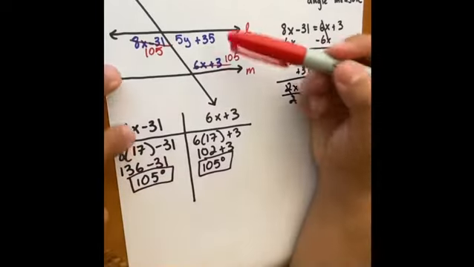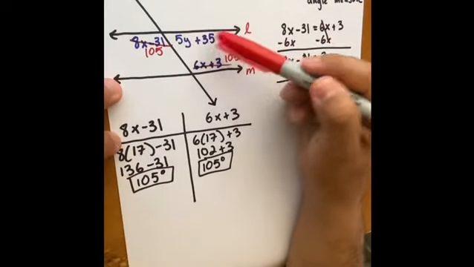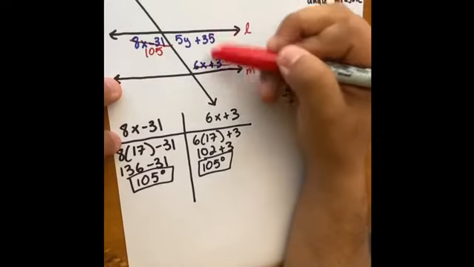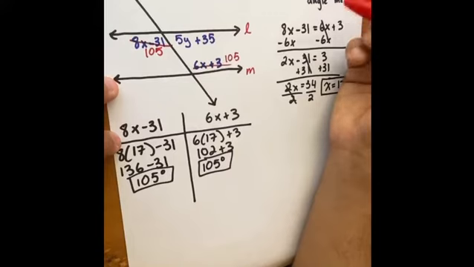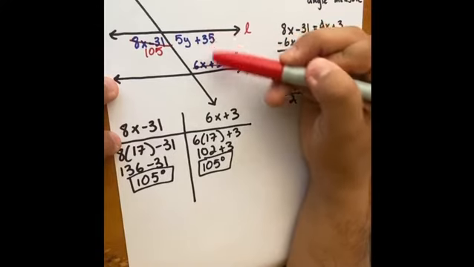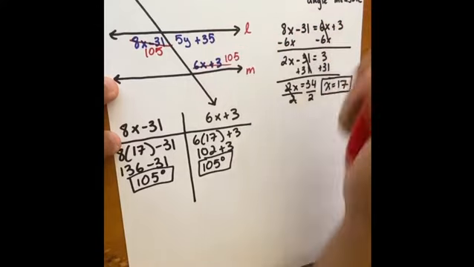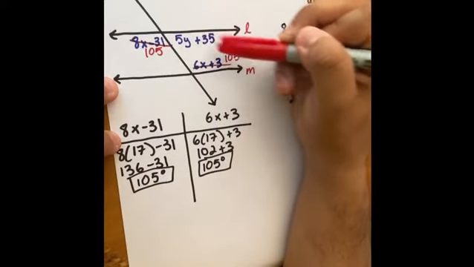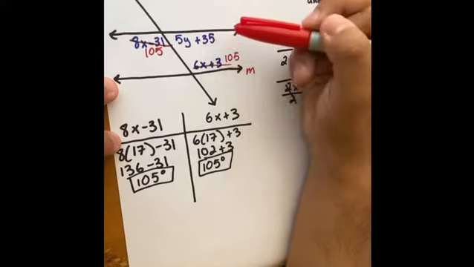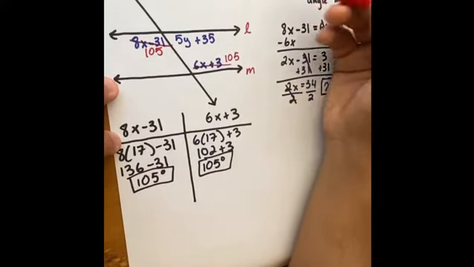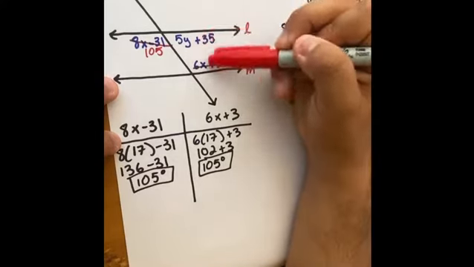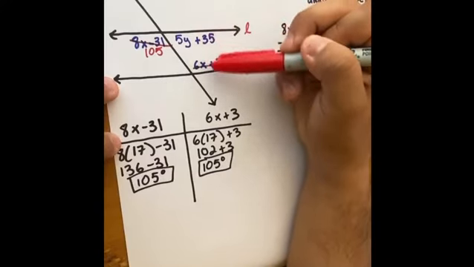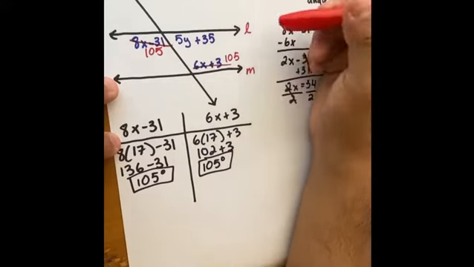Let's go back to this 5y plus 35 and 105 degrees. We said before that these two angles are consecutive interior. So since they are consecutive interior, that means that we're going to add both of these expressions and set them equal to 180. Recall from the last video that consecutive interior angles are supplementary, and supplementary angles add up to 180.